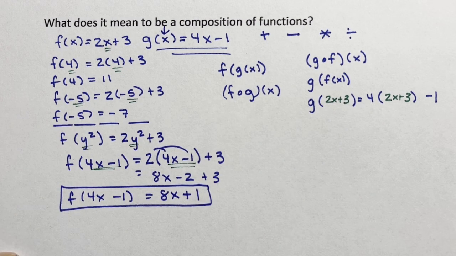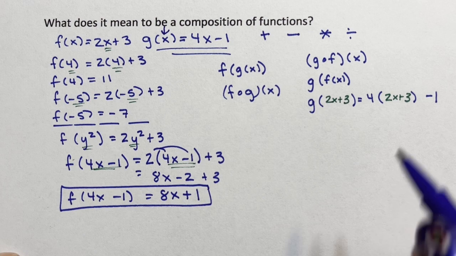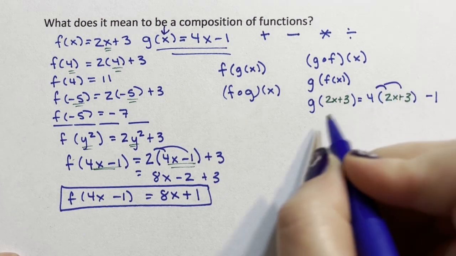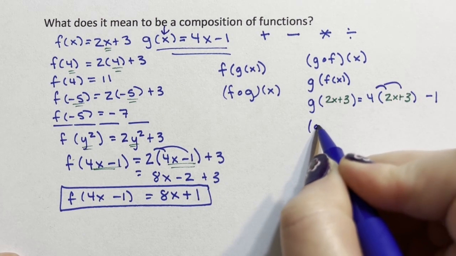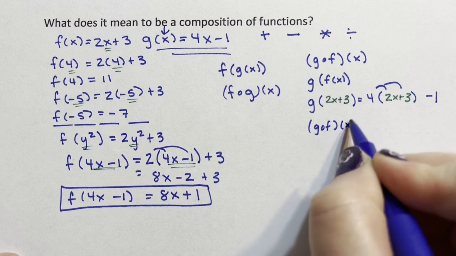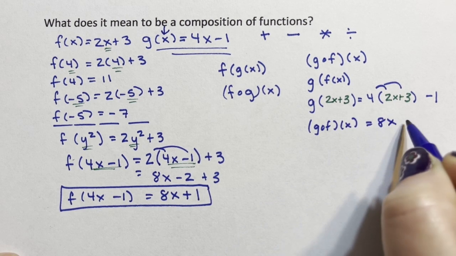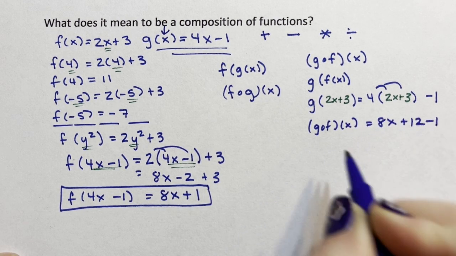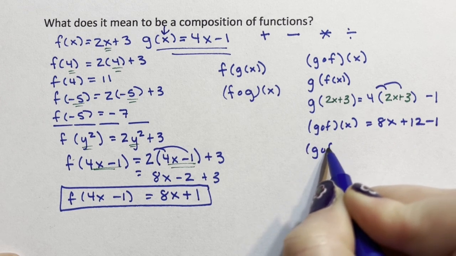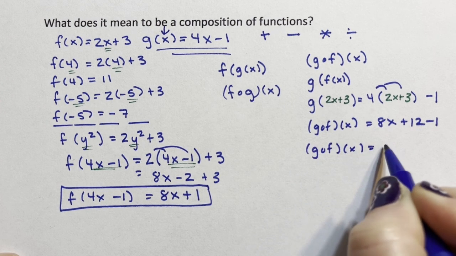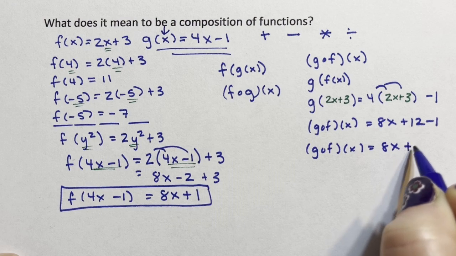That's what the composition is. It says put a function in for the input of another function. Now I'm going to distribute. So g of f of x equals 8x plus 12 minus 1. g of f of x equals 8x plus 11.